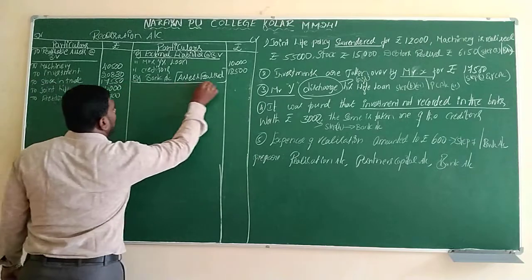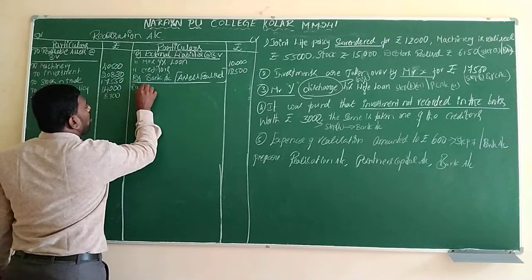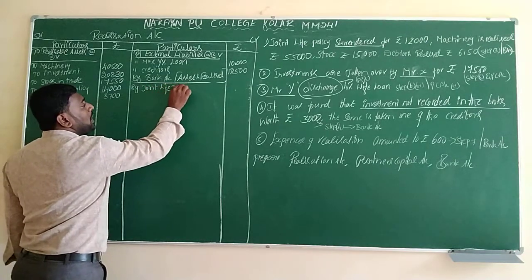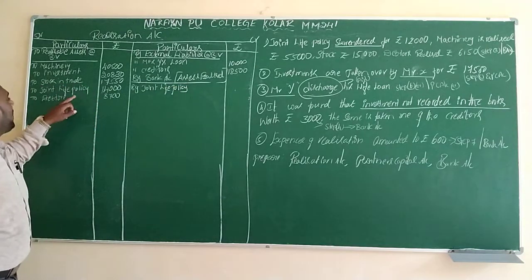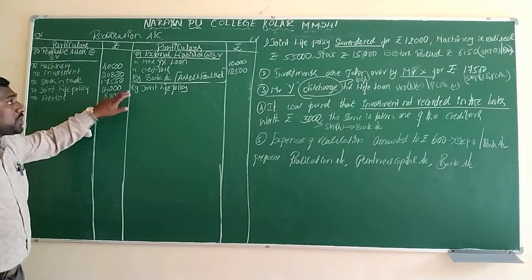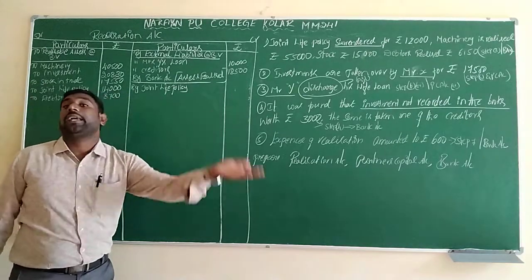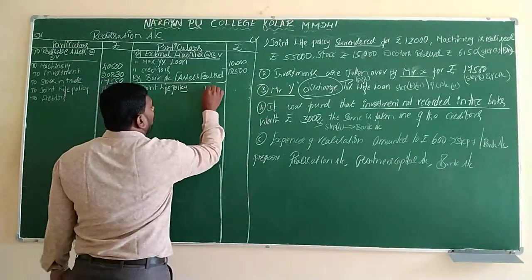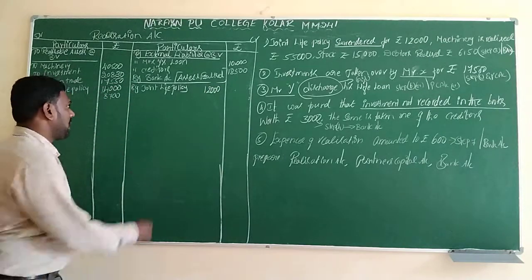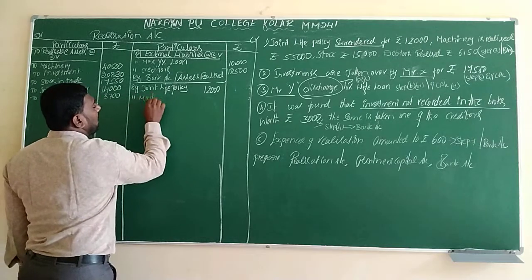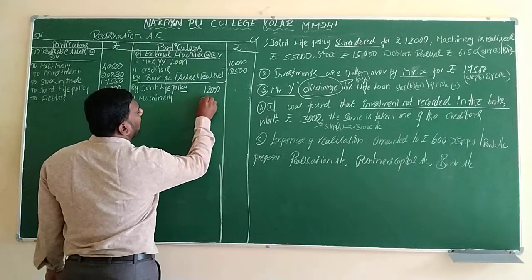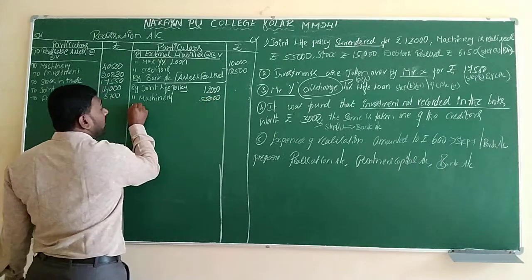So here we should write clearly by joint life policy. When the policy was taken, the value of joint life policy was 14,000. After a few days the company is closing, so the company receives the policy value, 12,000 rupees. This will be the present value they are receiving at the time of closing of the company. After that, by machinery, 55,000.